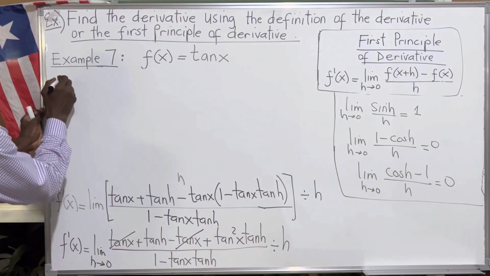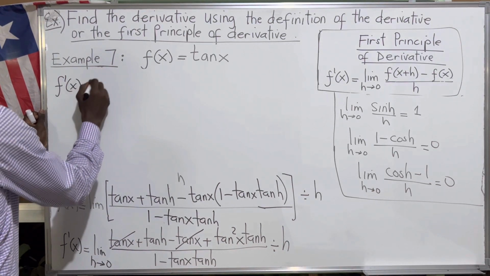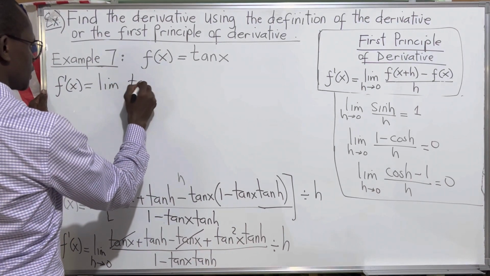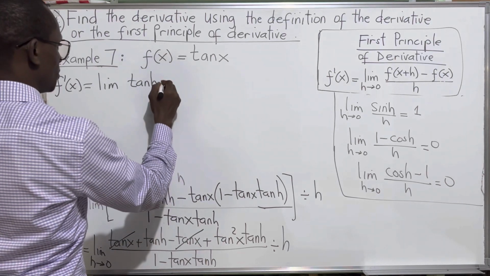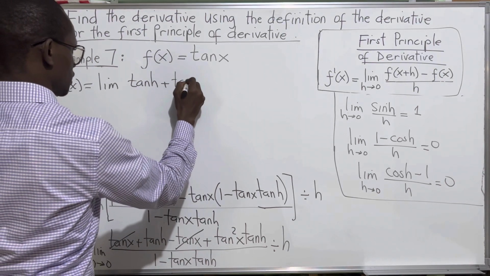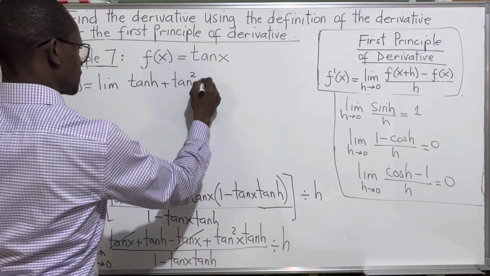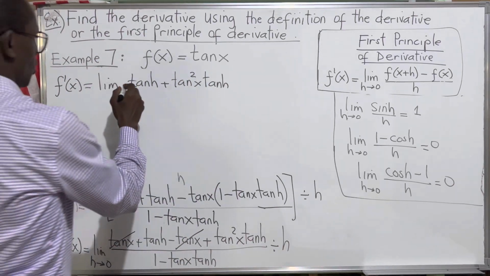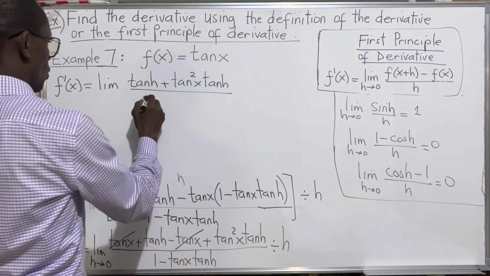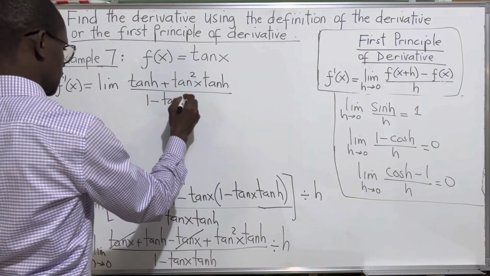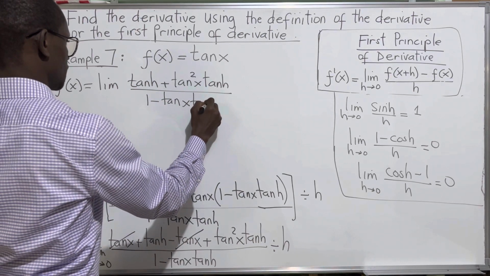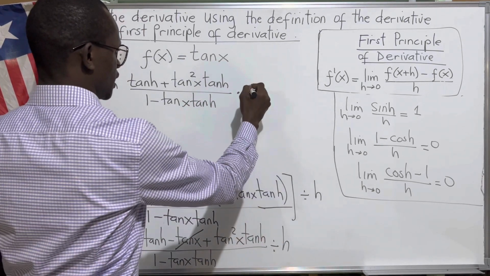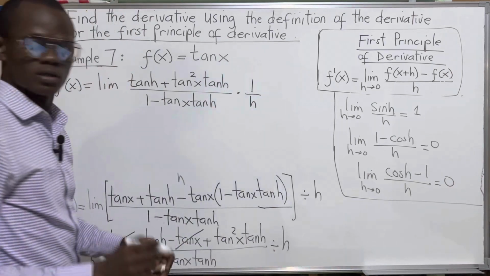So we are left with the derivative equals the limit of tangent of h plus tangent square x tangent of h, all divided by 1 minus tangent of x tangent of h, times, reciprocating, 1 over h.